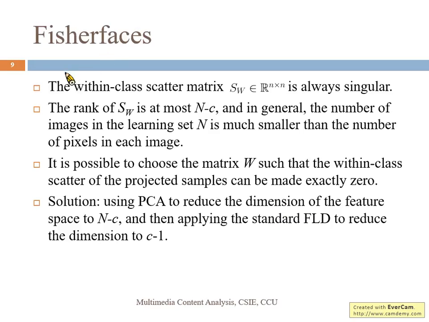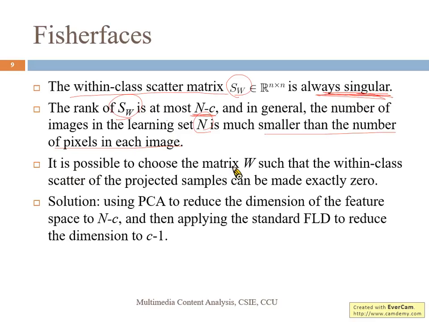Okay, but unfortunately, the within-class scatter matrix Sw is always singular. That means the denominator of the formulation may be equal to 0. That would be a mathematical problem. The rank of Sw is at most n-c, and in general, the number of images in the learning set n is much smaller than the number of pixels in each image. So this is why this matrix is always singular.